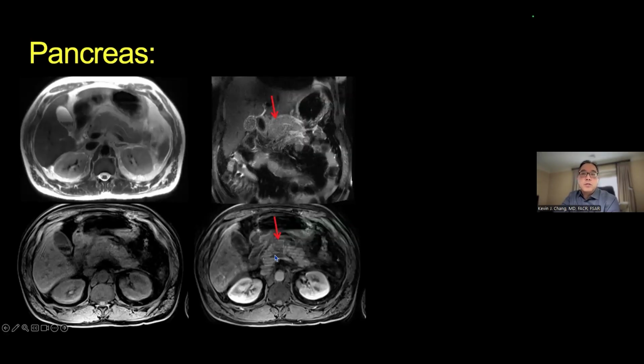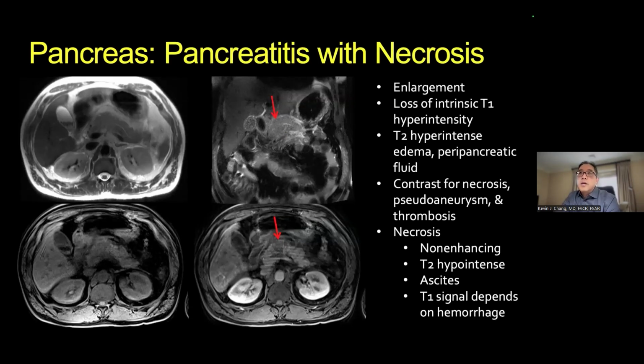It may be easier to see that on a subtraction image where you subtract the pre-contrast image from the post-contrast image. And then in that same area of non-enhancement, you're seeing some very subtle mild T2 hypointensity, which is another feature that you can see in necrotizing pancreatitis.